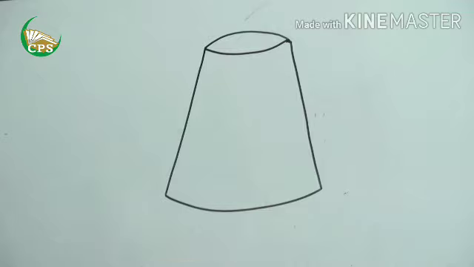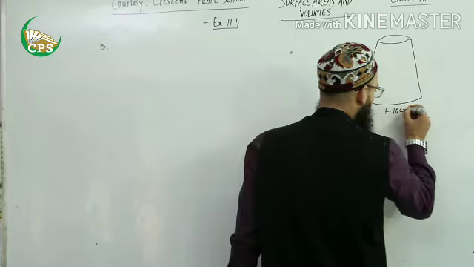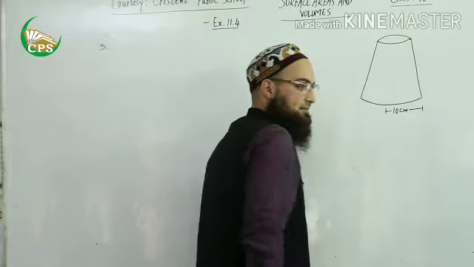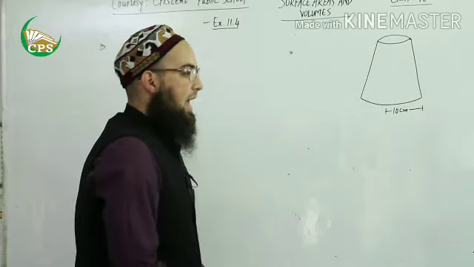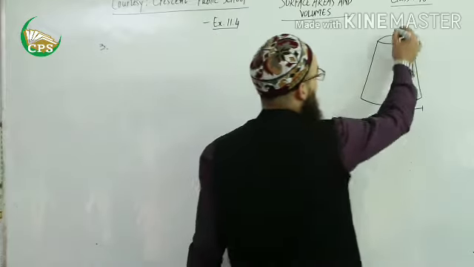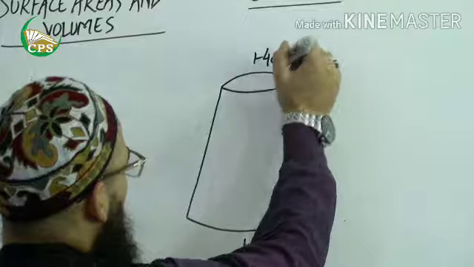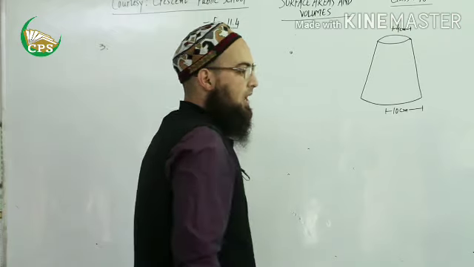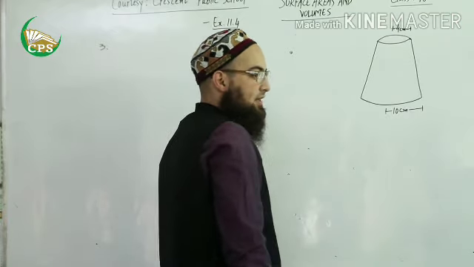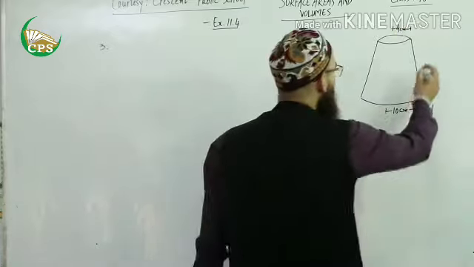The radius of the open side is 10 centimeter, and at the upper base is 4 centimeter. Radius at the upper base is 4 centimeter. And its slant height is 15 centimeter.